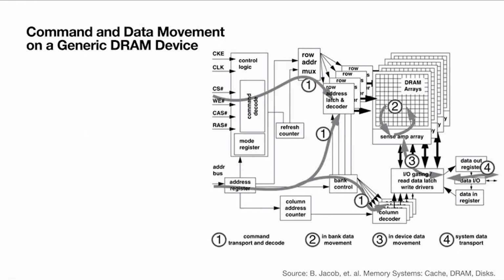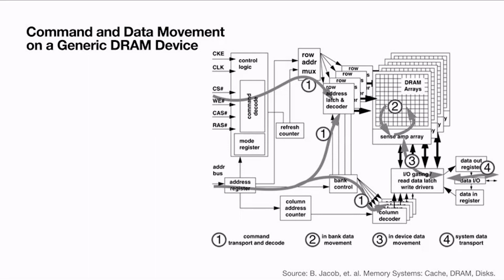When there is a request, whether it is a read or a store operation, we convert it into corresponding commands, and the commands are placed in the command queue. From there, we decode them and perform the operations. We also said the refresh operation will be there, so there is a refresh counter which sends the row address, and that particular row will be read and refreshed.